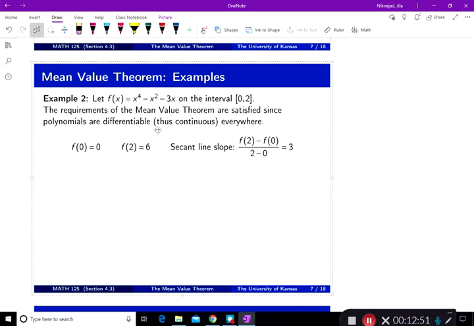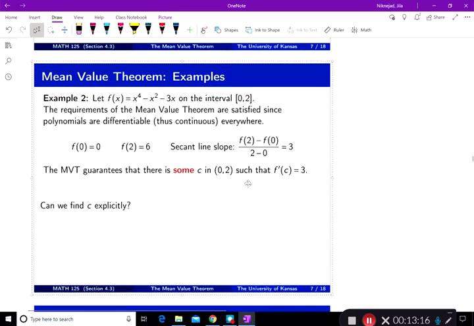For the secant line, if I plug in 0 and 2, I get 0 and 6 respectively, and then the slope of the secant line is going to be 3. And then this guarantees by the mean value theorem that there is a C in 0 and 2 such that f prime of C is equal to 3. Can I solve for that C?